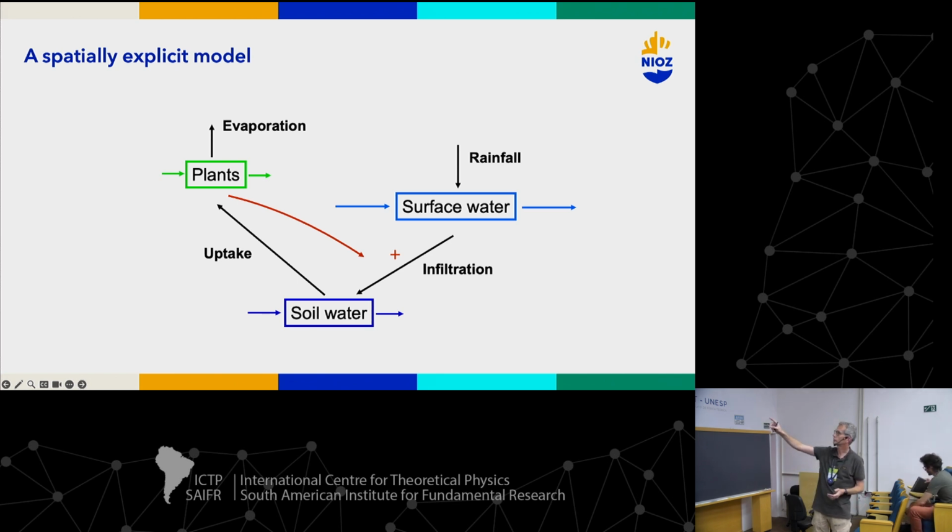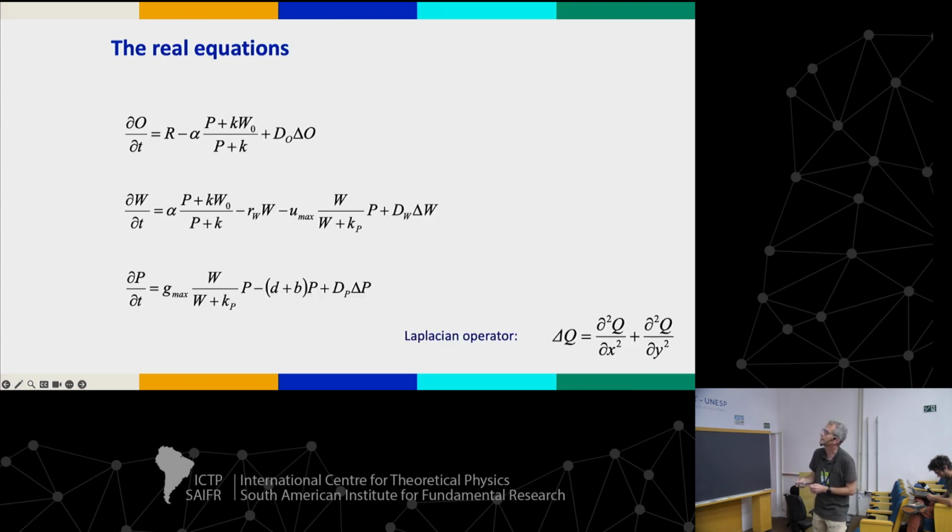And the soil water results from surface water, and surface water results from rainwater. Rainwater and surface water is more mobile. Soil water is also mobile. It's more mobile than the plants, but it moves a little less. And the plants themselves also move, but way less. And so we configured a model, and it looked like this.